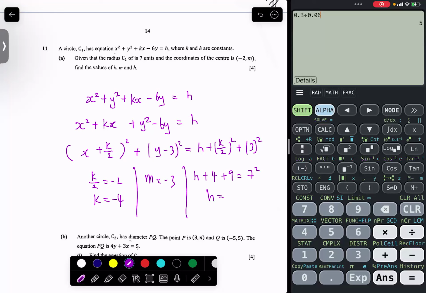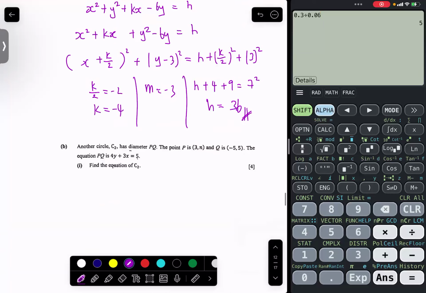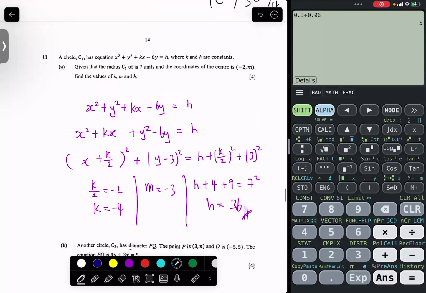So h equals 49 minus 13, which is 36. So that means we have the equation x² + y² − 4x − 6y = 36.